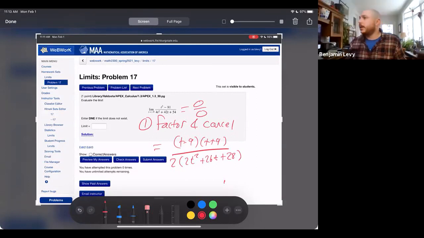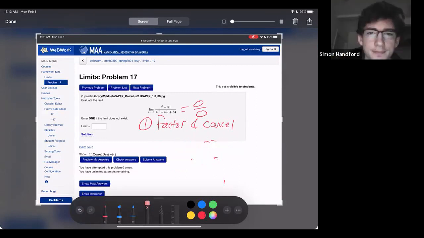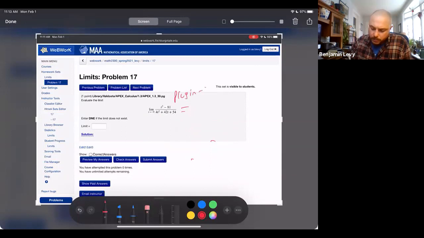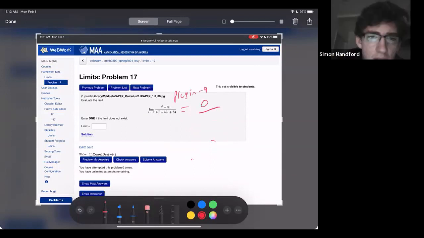I think you can plug in -9. I think this one works, actually. I think just now that I looked at my calculator for a second, I don't think you actually get 0 over 0 when you plug -9 in. I think if you plug in -9, you get 0 over not 0, which is 0.